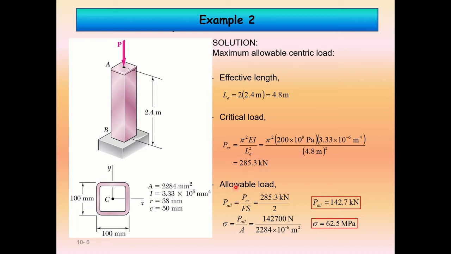So the available load P available equal to P critical divided by safety factor, 285.3 divided by 2. So the P available equal to 142.7 kilonewton. To determine the stress, P available divided by area given in the question. So the stress equal to 62.5 megapascal.